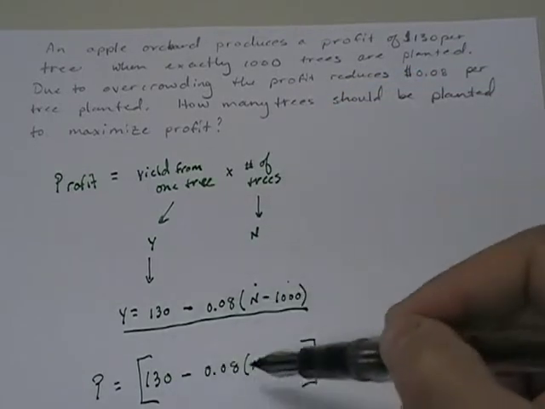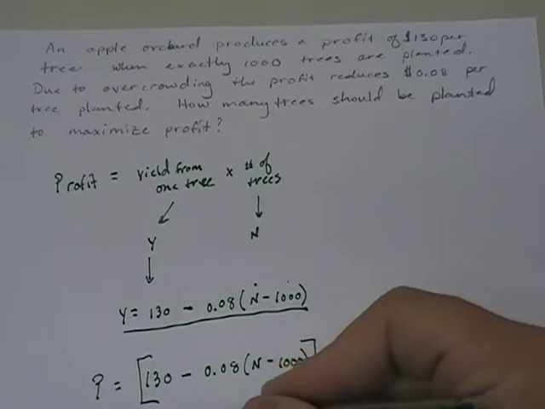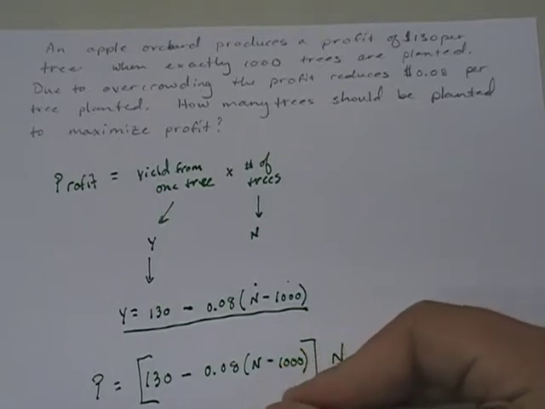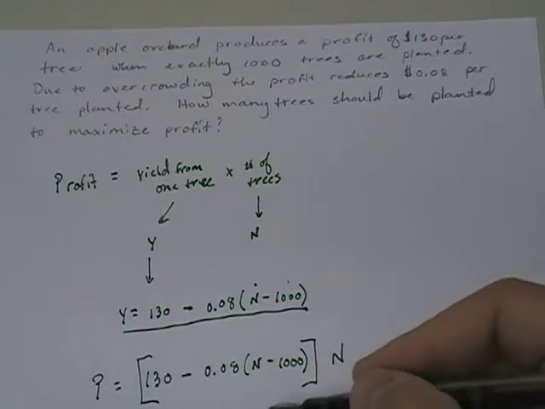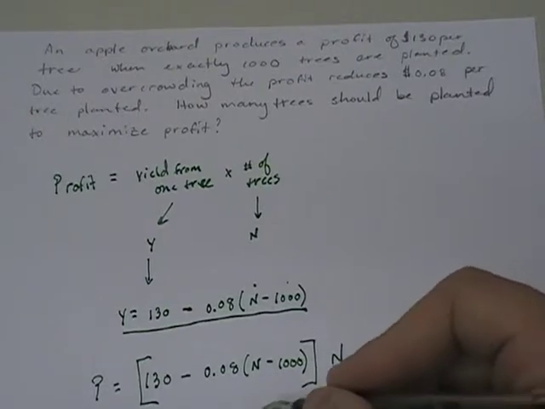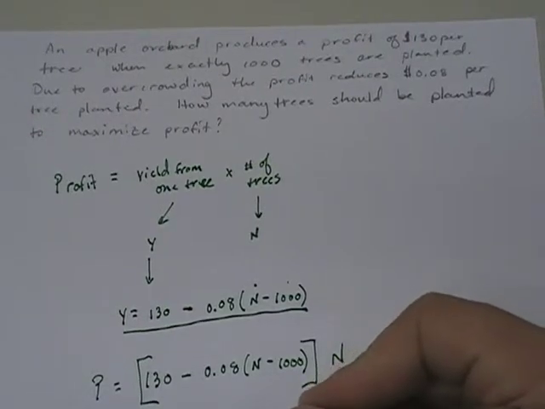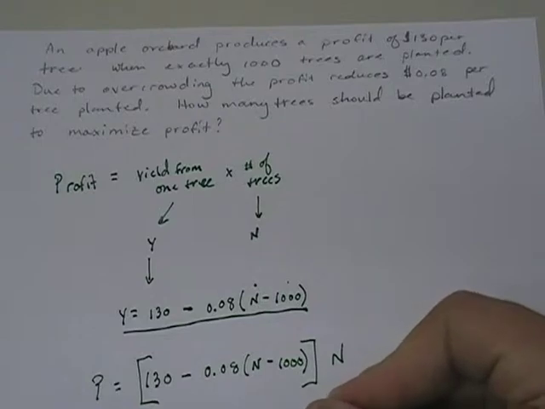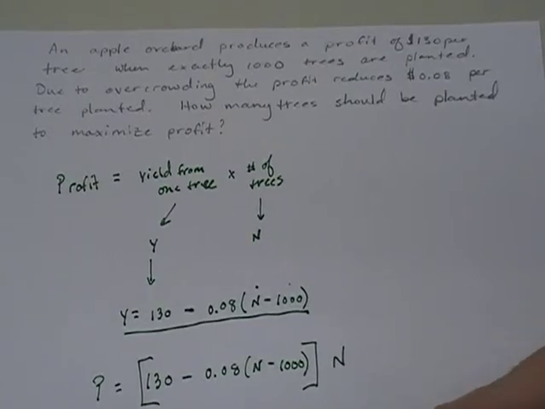Now I'm going to simplify this a little bit. So I'm going to distribute my 0.08. So I get P equals 130 minus, and if I distribute this 0.08, I get 0.08 N plus 80. Okay?